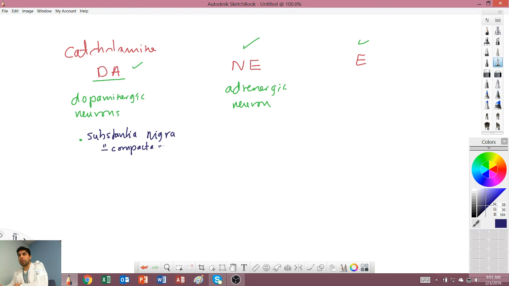Now, where is substantia nigra located? In the midbrain. And midbrain is part of the brainstem. Good. Very good. So you should know that.